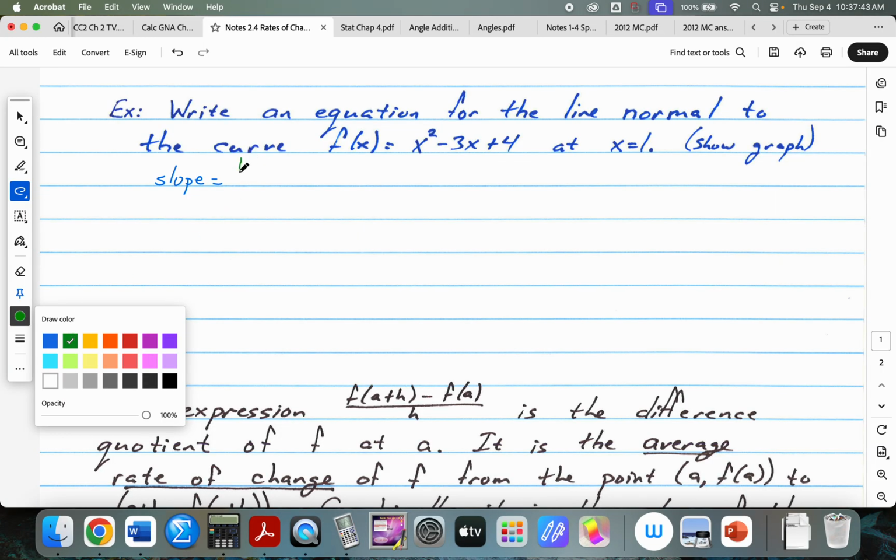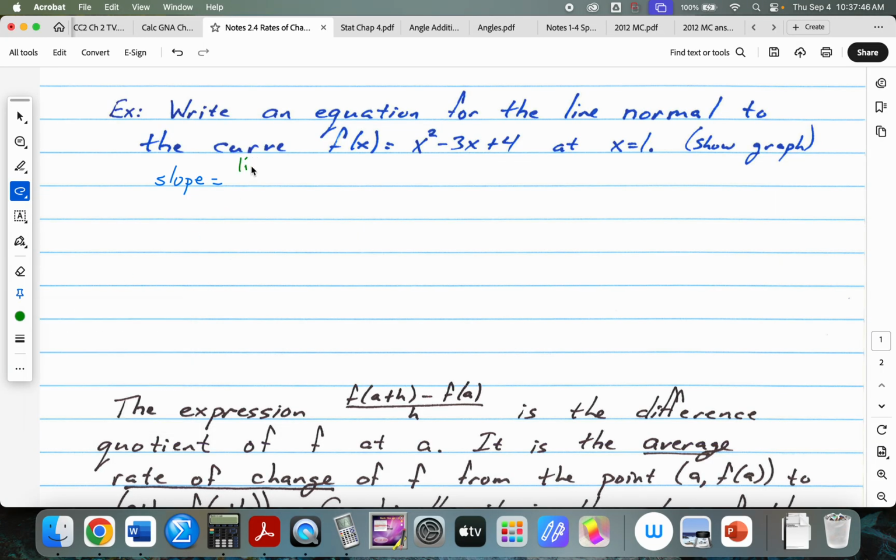is going to be the limit as h goes to 0 of f of 1 plus h minus f at 1 all over 1 plus h minus 1.